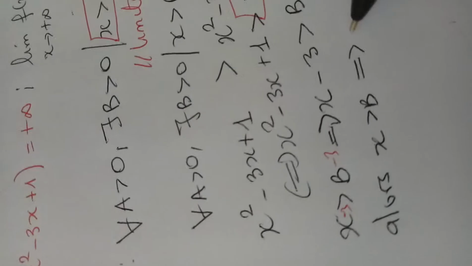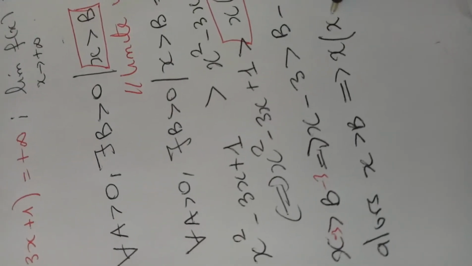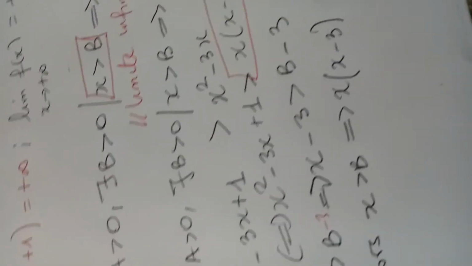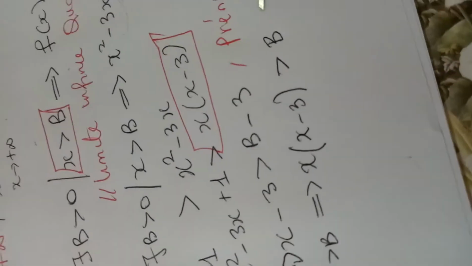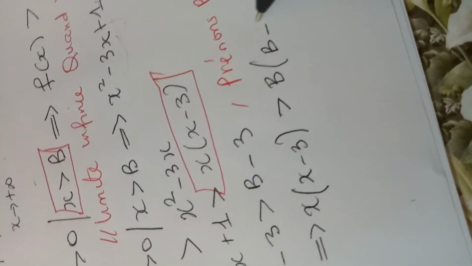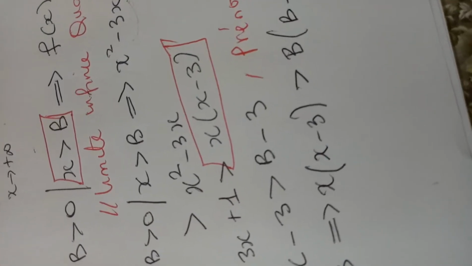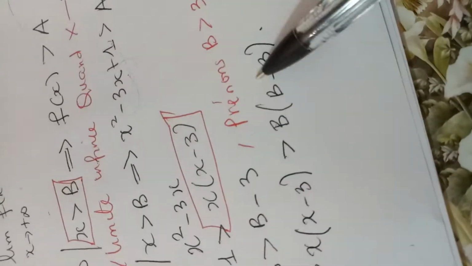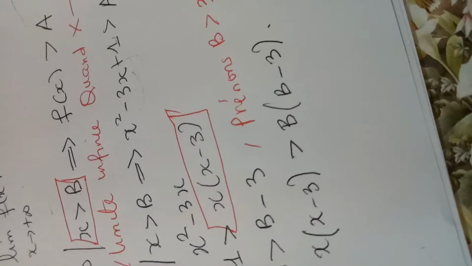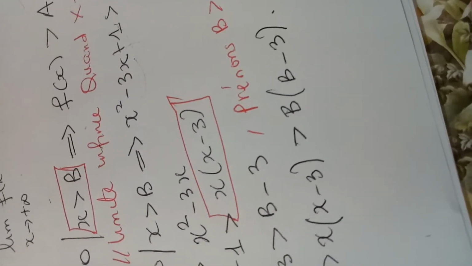I'm going to have x greater than x minus 3, which is greater than b minus 3. And as always, b will always be greater than 3, greater than 4, or whichever one you decide to choose.